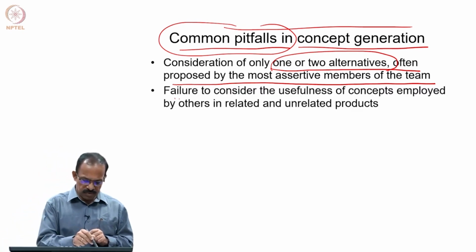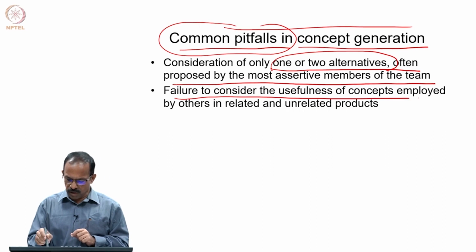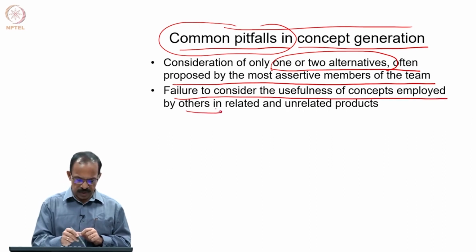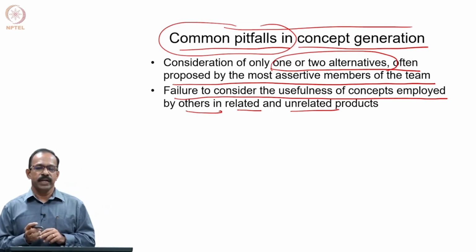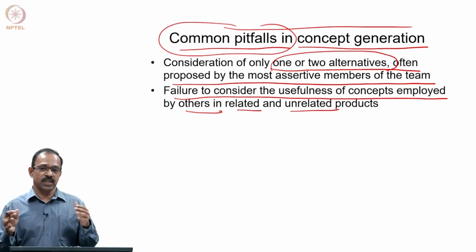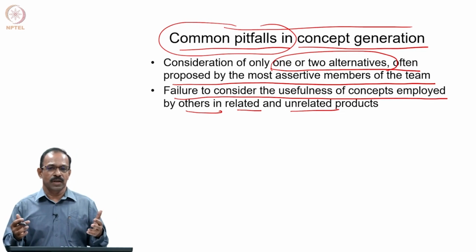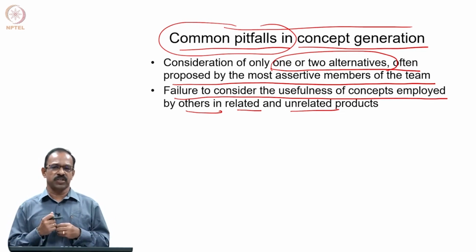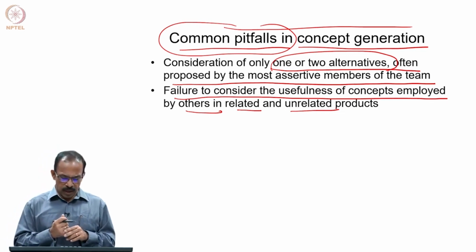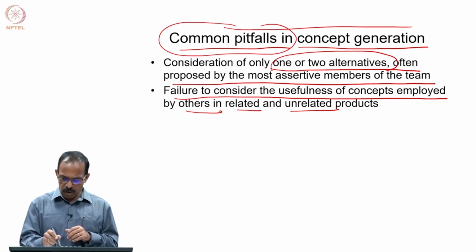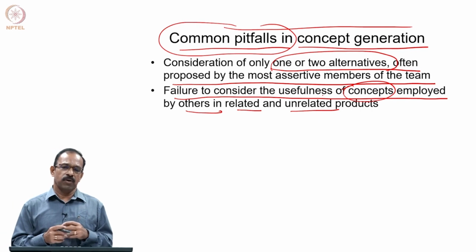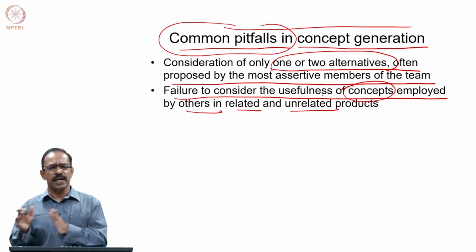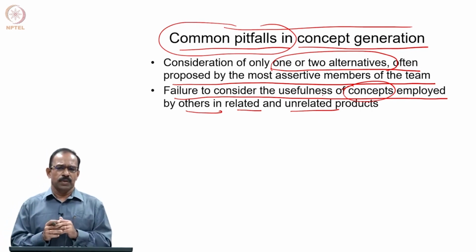Another problem is the failure to consider the usefulness of concepts employed by others in related and unrelated products. Many times, because your experience or background knowledge is very limited, you may fail to consider the usefulness of concepts already employed in products related or unrelated to your problem.